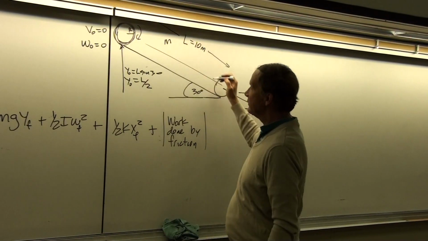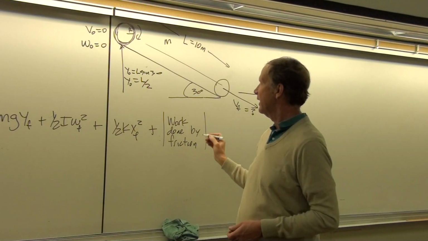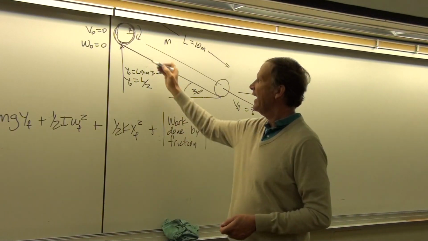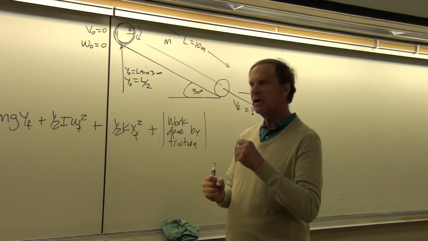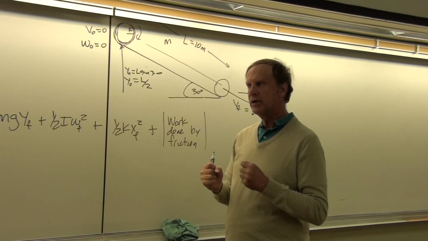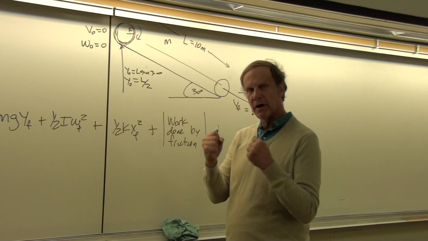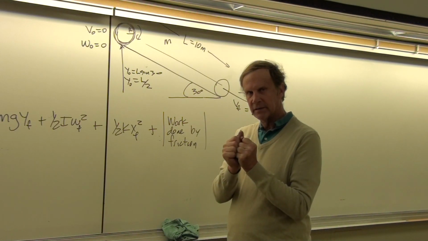Now we do have static friction rolling down this incline, but static friction at any given point does no work, because static friction is associated with there being no motion at the point of contact.